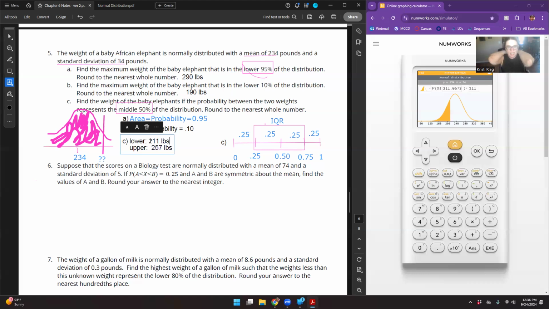So I needed to find X given the percentage. So don't type in 50%. We're not looking for this middle number here. We're looking for the middle half of the distribution, everything from 25 to 75. So 25% was 211 pounds, and 75% was 257 pounds. So it's everything between 211, 250.